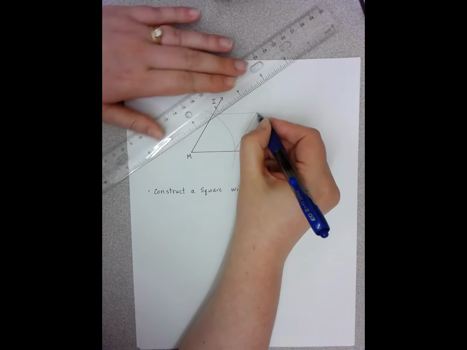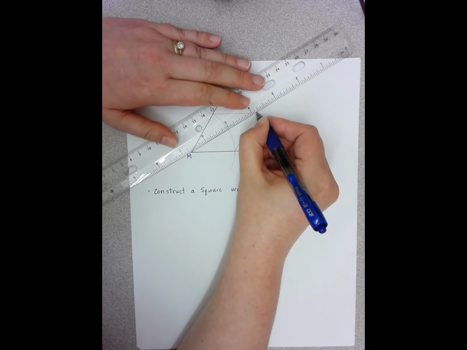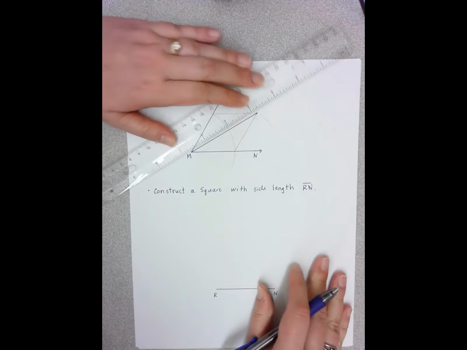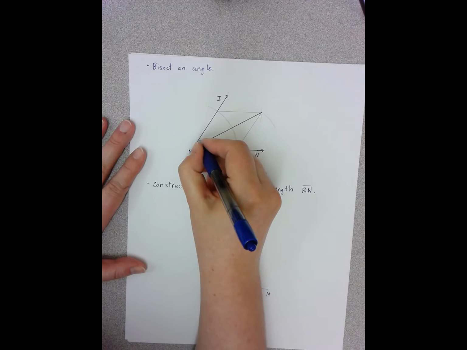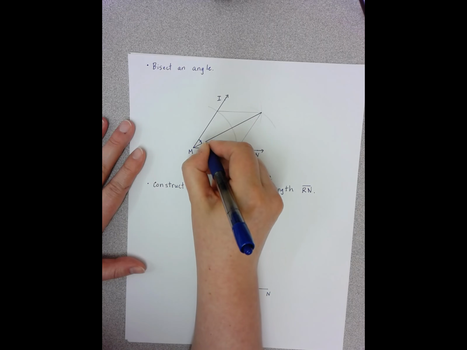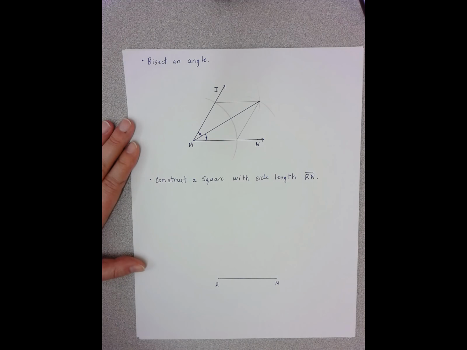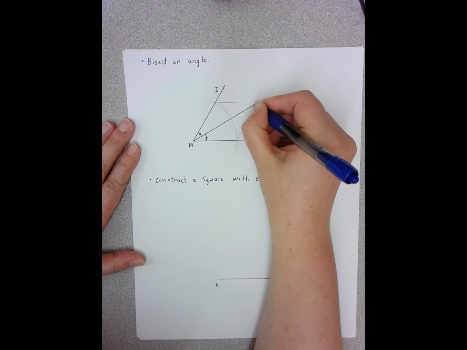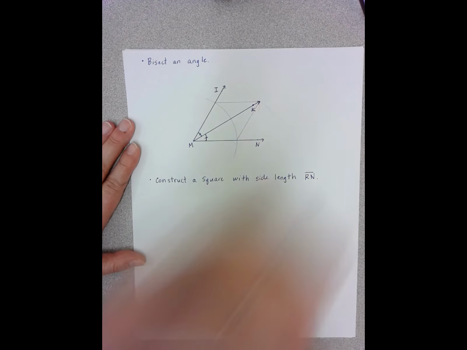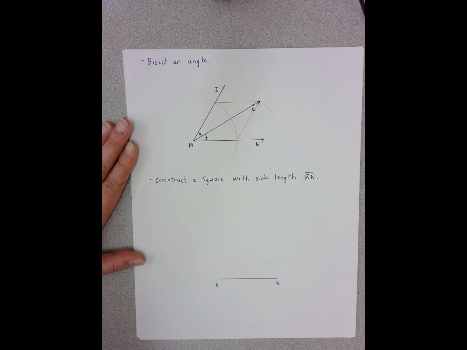So I now can draw in the diagonal, which means I now have two congruent angles. I have bisected angle IMN. And just for completion's sake, we're going to add a K out here. That way all my angles are able to be named.